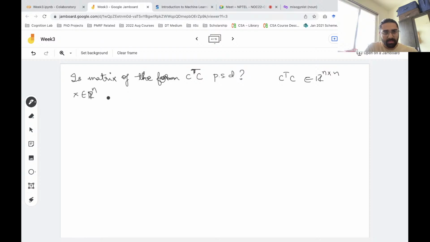So I'll look at x transpose C transpose C x. This I can write as (Cx) transpose times (Cx), right? And this is the norm of Cx squared.